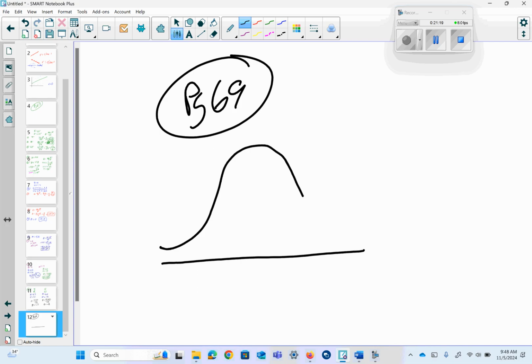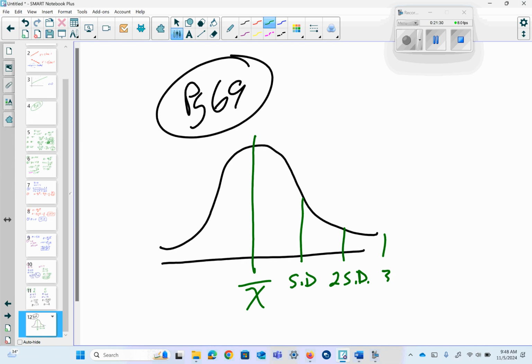If you had a normal curve like this, you have an average here, and then you have a standard deviation going this way. And then you have subtracting the standard deviations going this way to get smaller. Okay, now those standard deviations are like z-scores, right? One of the big differences of a z-score versus a standard deviation, a z-score is basically from -4 to +4.